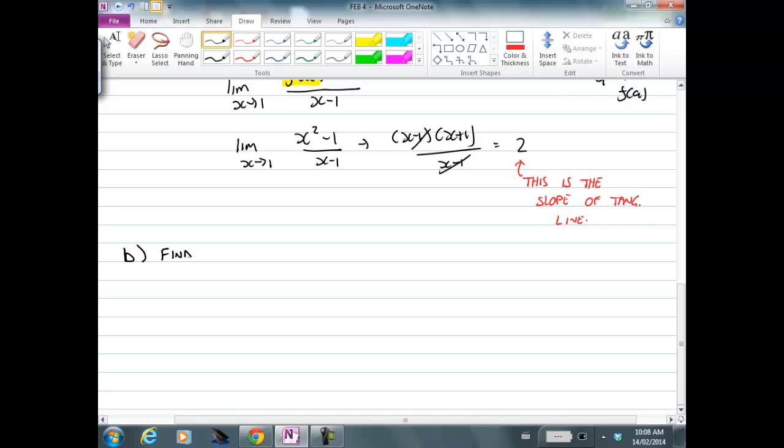Find, okay, you've got to look at the difference in the wording. Now I'm asking for the whole entire thing: the equation of the tangent line.